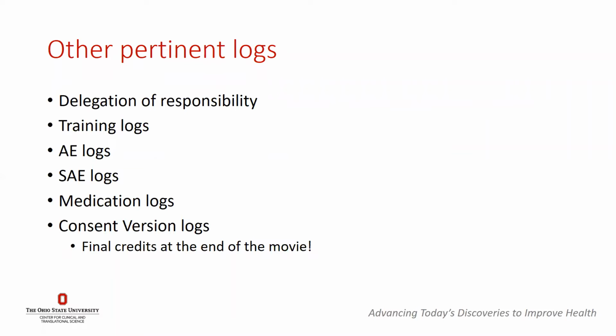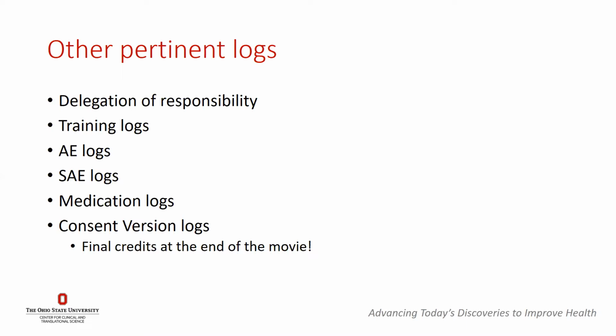So other logs where you might be putting down who is working on the study is your delegation of responsibility, delegation of authority. They tend to be used interchangeably. Your training logs, you'll see that information on adverse event logs, severe adverse event logs, medication logs, and then if you're doing a log of the various consent versions, you want to make sure that you're documenting who is making those corrections, who is adding things to the log.